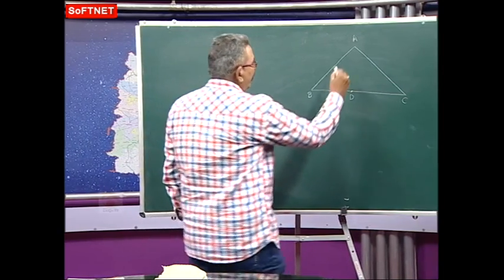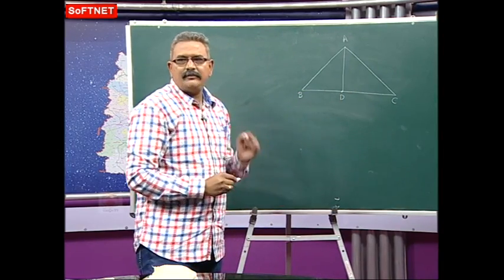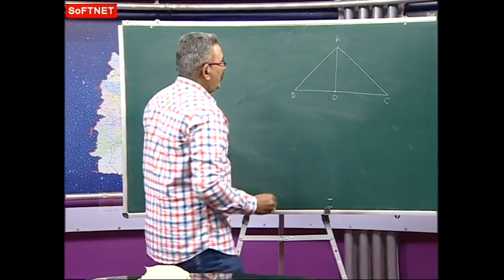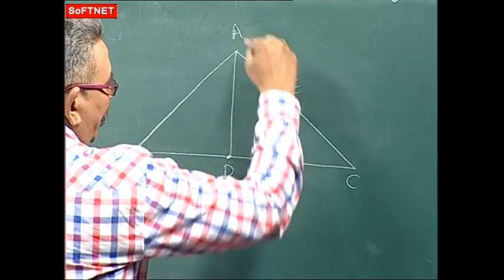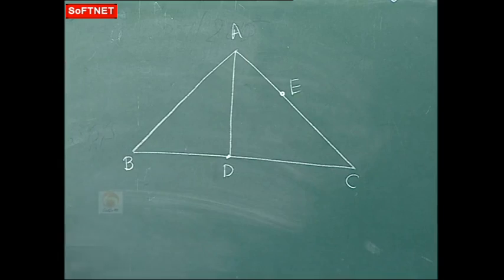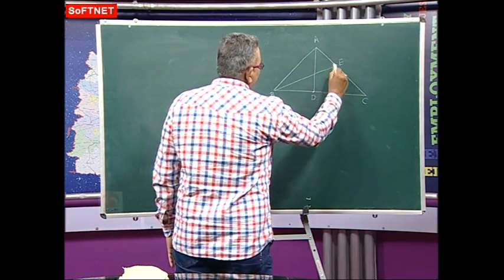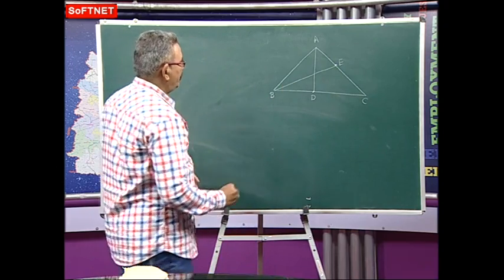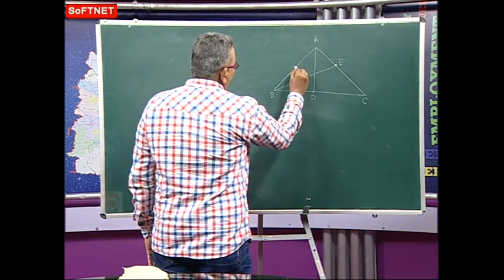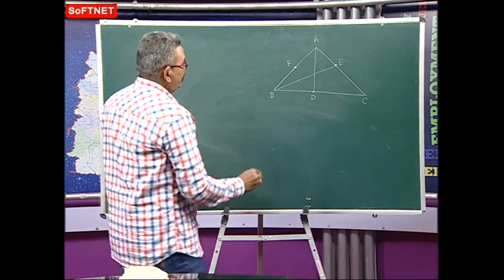Now join AD. What do you get? AD is the median. Now consider E be the midpoint of CA. Now join BE. Similarly, let us consider F be the midpoint of AB. Join CF.